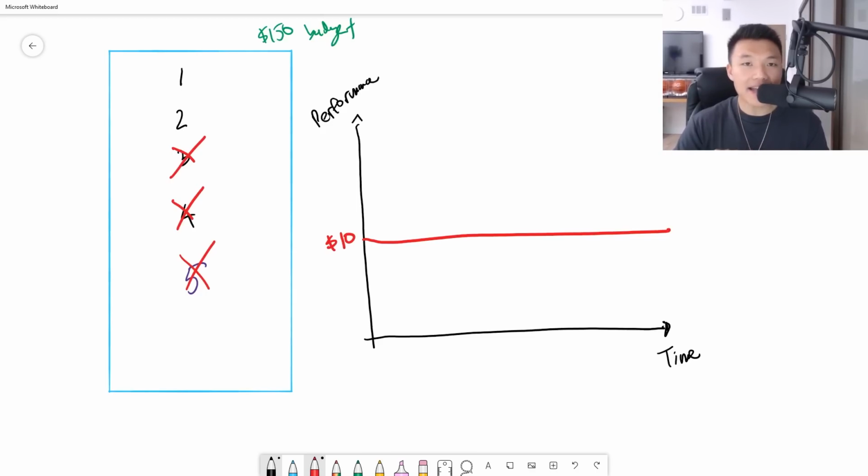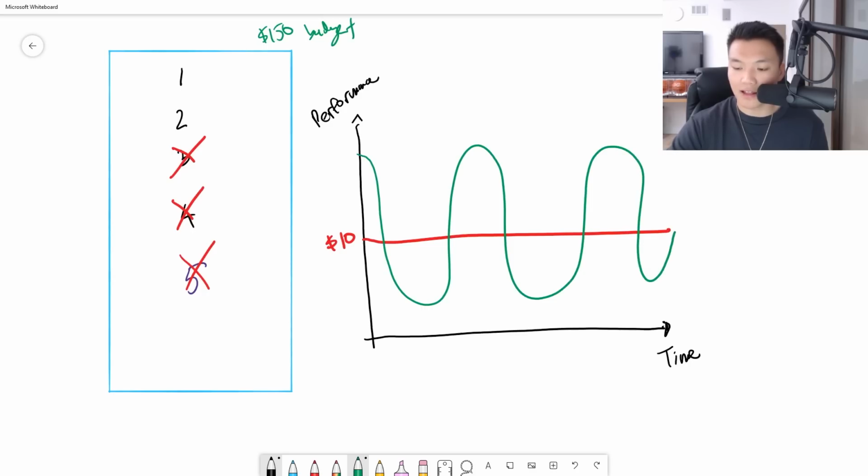But why is it good to stretch out time windows before you dramatically cut or scale? It's because Facebook is very volatile. Instead of that true performance, Facebook often gives you something like this. And if you average it out over time, imagine this thing getting stretched, yes, it will get to $10. But this is the danger of over-indexing on any positive or negative day.